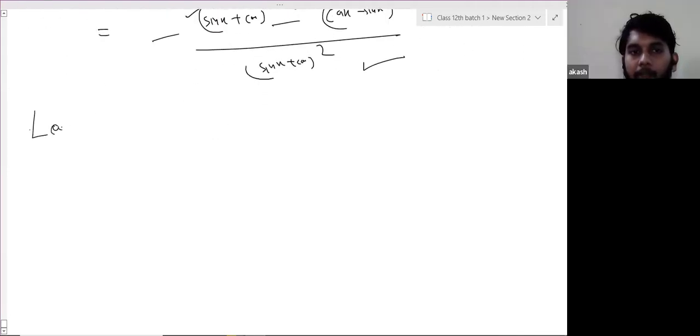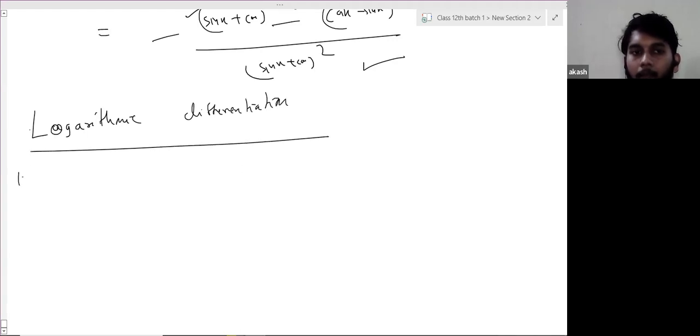Logarithmic differentiation. How many of you know what is log function? Any of you know what is log function? Ishan?